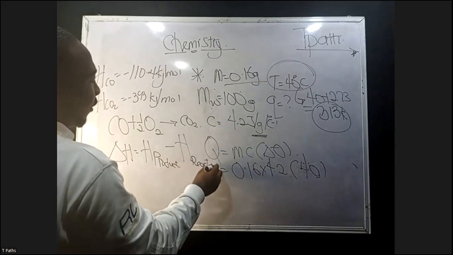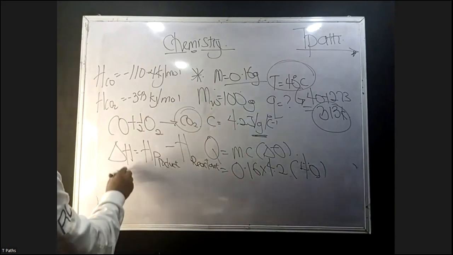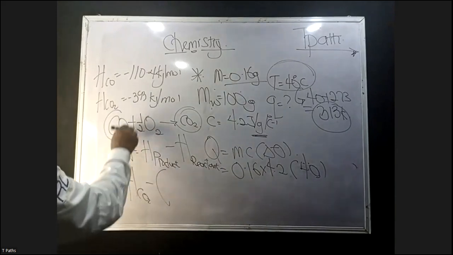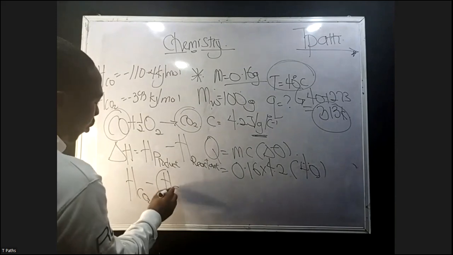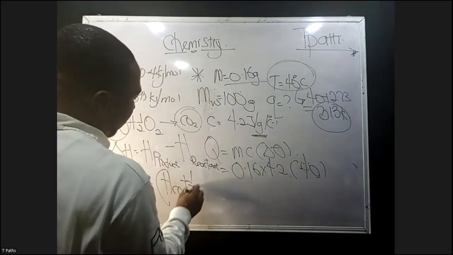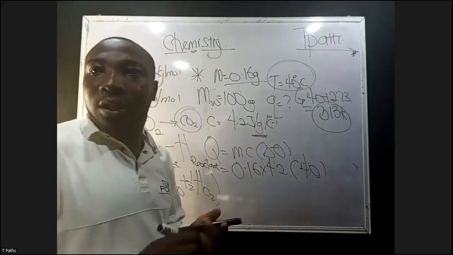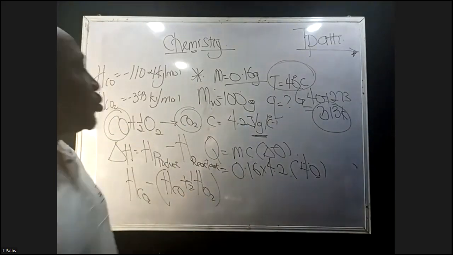And what do you have here as the product? CO2. So HCO2 minus, open bracket, the reactants: HCO plus half HO2.